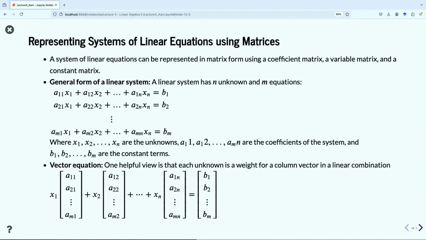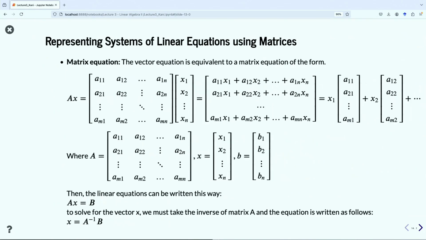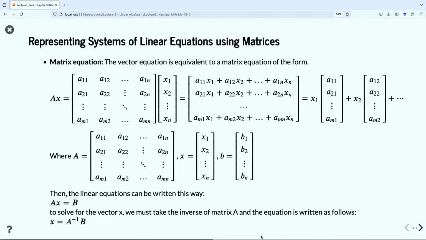That makes sense. A vector equation, a linear combination. Knowing our matrix multiplication rules, we could take that vector equation a step further and simply say this system of linear equations is representable by a coefficient matrix, A, times the vector that represents all the variables, and that these two together would be equal to b.